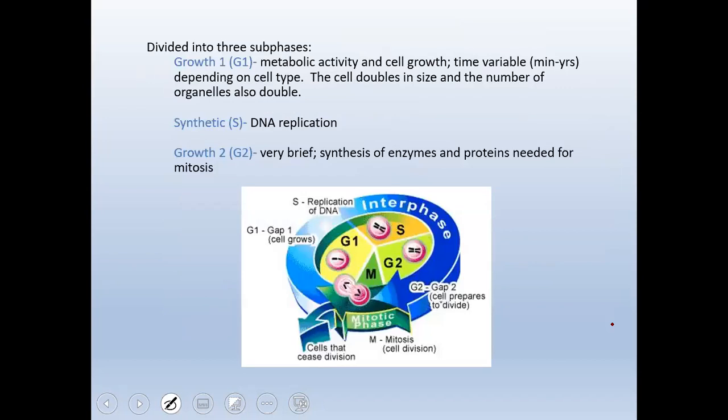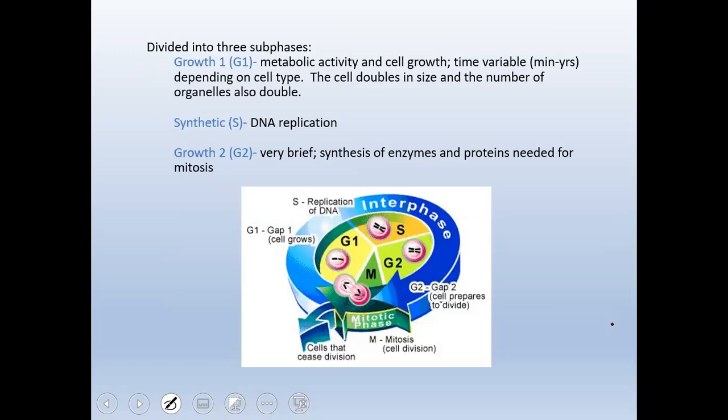We have 3 distinct subcategories to our interphase. G1, which is known as our growth phase. This is where the cell doubles in size. If we're going to make 2 exact copy cells, we need the first cell to get twice as big to facilitate that, to help with that. We have the synthetic phase.